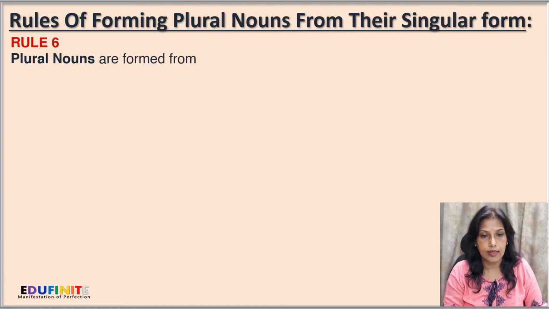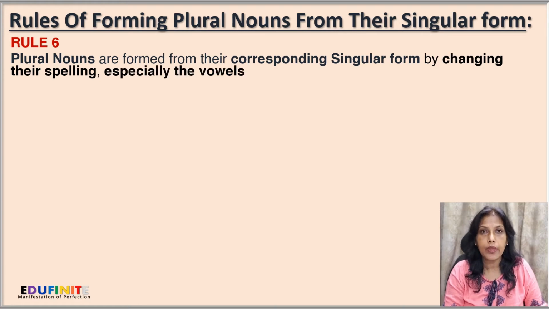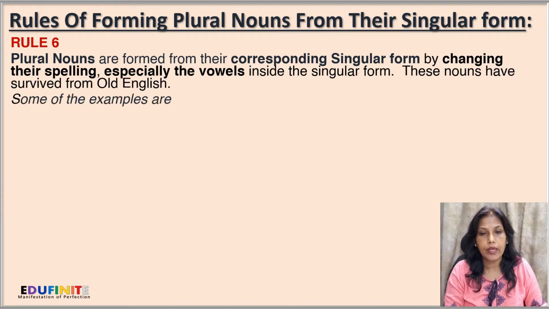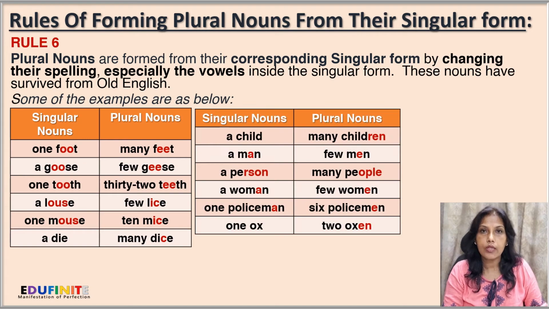Next, Rule 6. Plural nouns are formed from their corresponding singular form by changing their spelling, especially the vowels inside the singular form. These nouns have survived from Old English. Some of the examples are as below. Singular noun, 1 foot, FOOT, and plural noun, many feet, FEET.